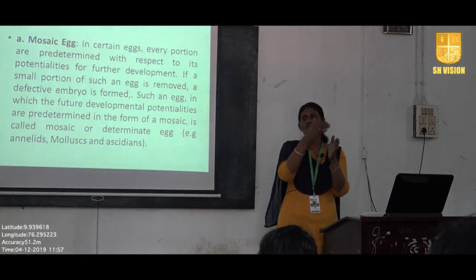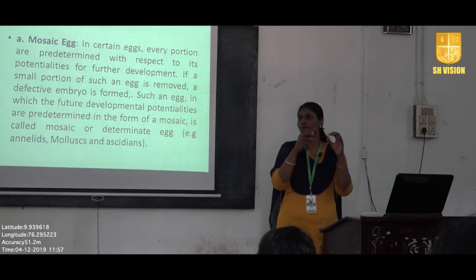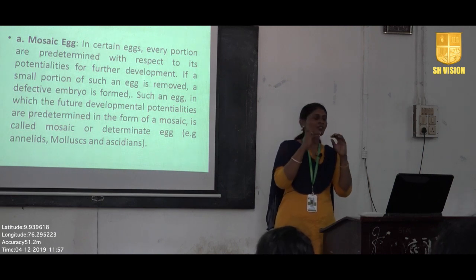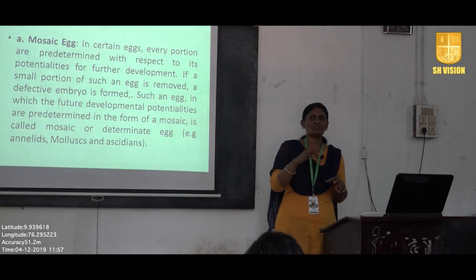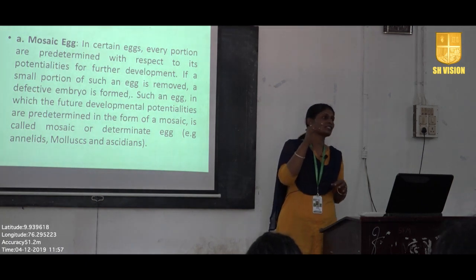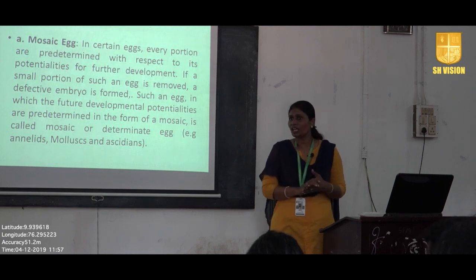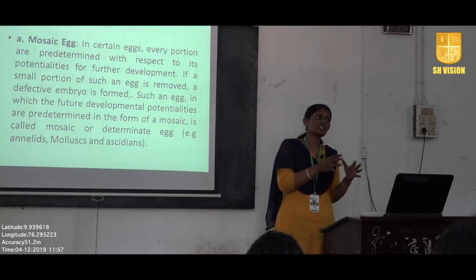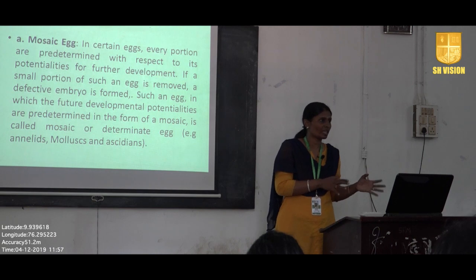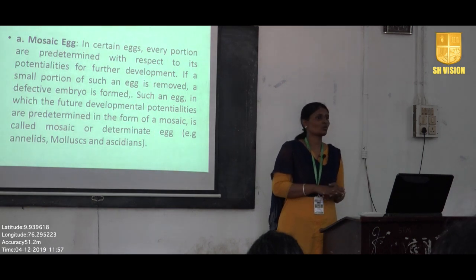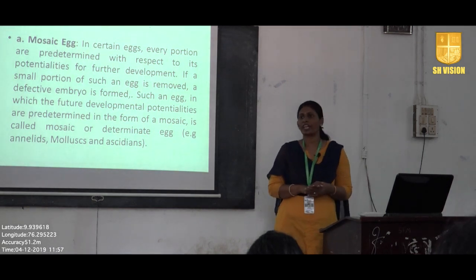The cell has to cleave itself into numerous cells, and during the process of cleavage, if any part gets destroyed or if the organism loses any part, and the organism fails to develop into a complete organism, then that is known as mosaic type of egg.